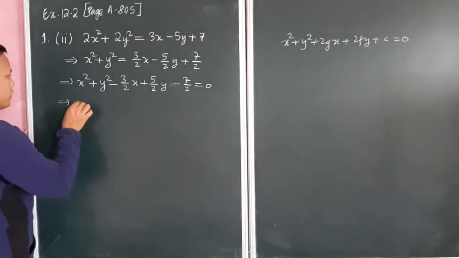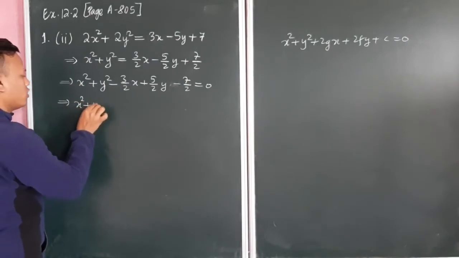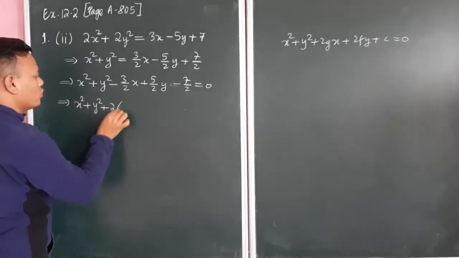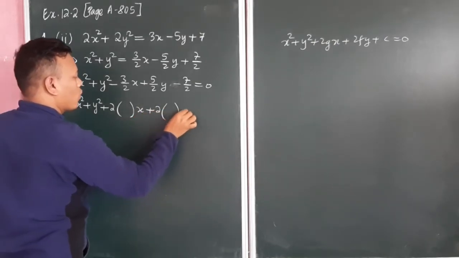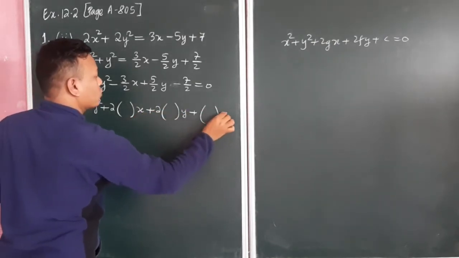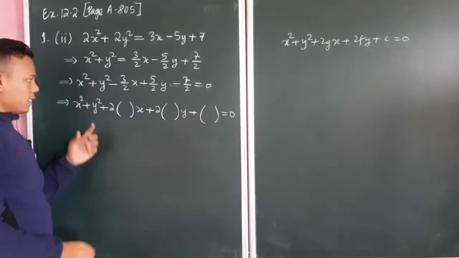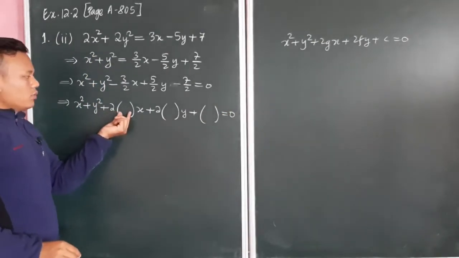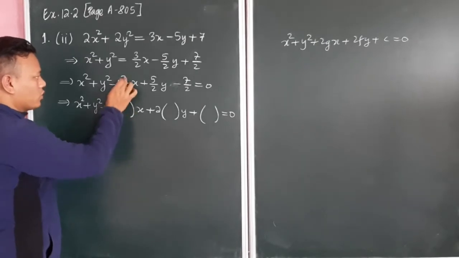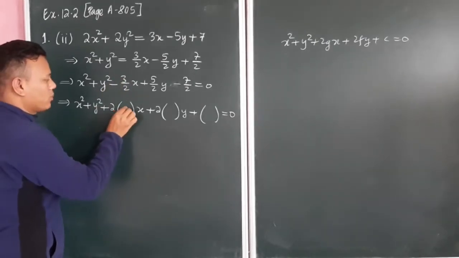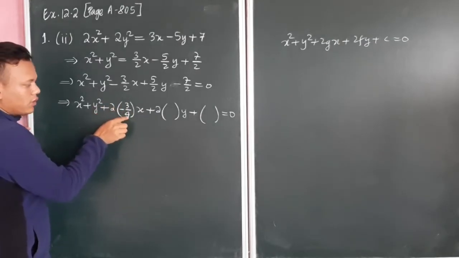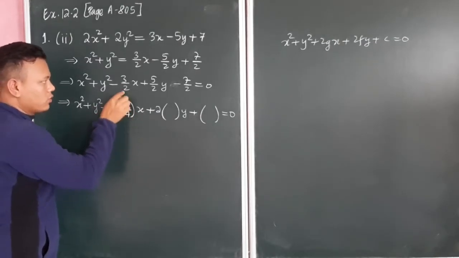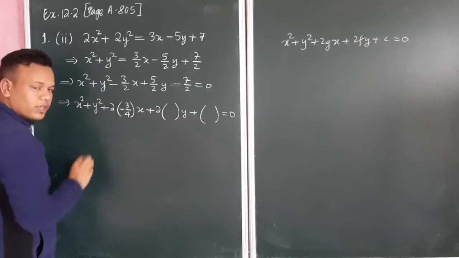So we will write this as x square plus y square plus 2 into g into x, then we have 2 into f into y plus c equals to 0. Now, how much should this number be in order to get this? Obviously, the number has to be minus 3 by 4. Let's check. 2 and 4 get cancelled, so we'll get minus 3 by 2, isn't it? So that's how we arrange.